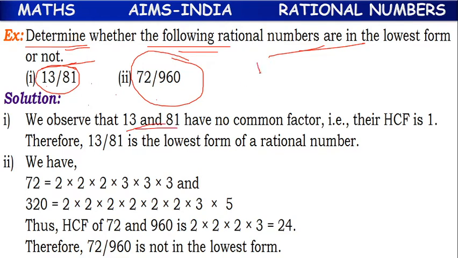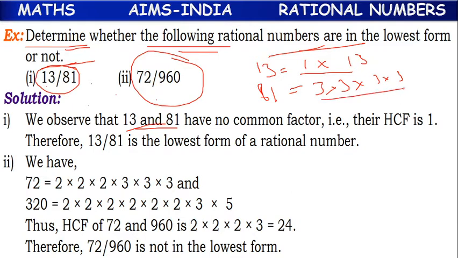So 13, actually 13 is a prime number. If we do prime factorization, we can write it as 1 into 13. 81 we can write as 3 into 3, 9 into 3, 27 into 3, 81. Is there any common factor?